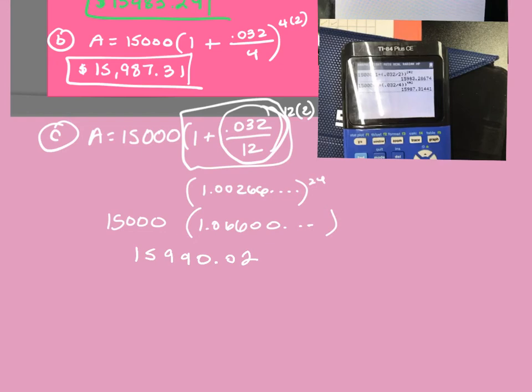Hang on. Did I add first? 0.032 divided by 12 plus 1. What did I do here?